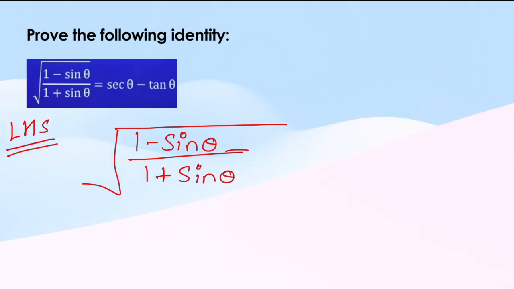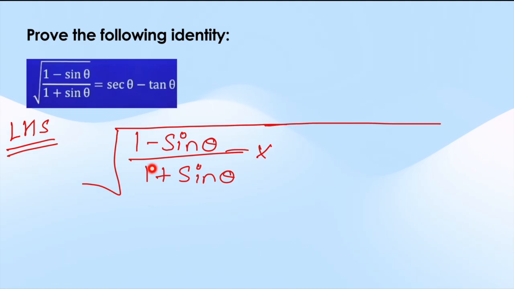Our first priority is we should remove this root because it is creating a problem now. Alright. In the lower grades, you must have learned how to remove something that is inside the root. Good, we rationalize it. How to rationalize it? Whatever is in the denominator, we just change the sign in between and we multiply numerator and denominator by that.